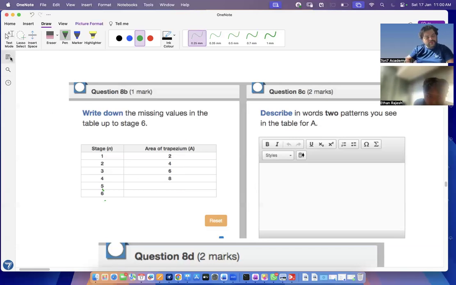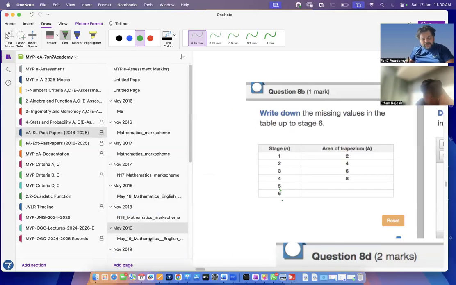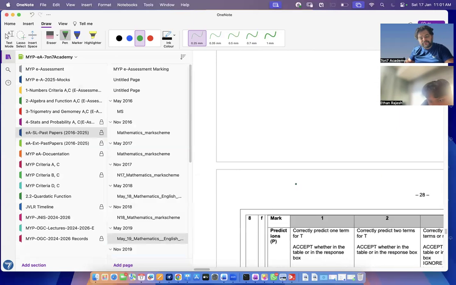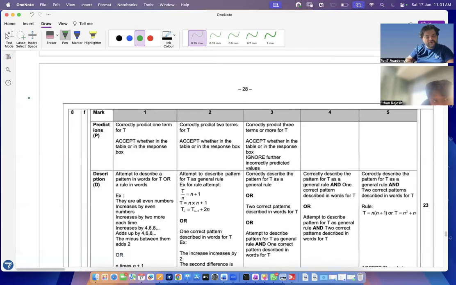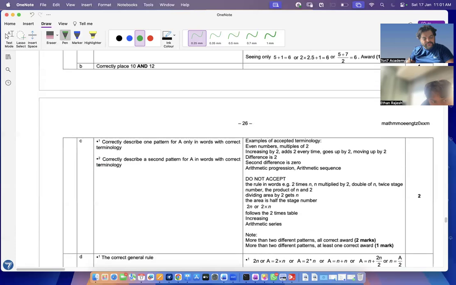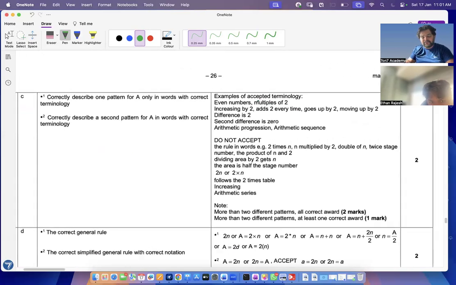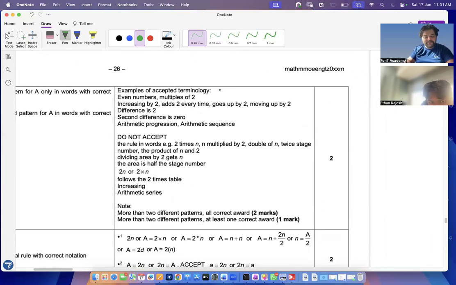So together we will go to this, 2C. We'll see the answer I have given. Look here, this is 2 marks. The example for accepted terminology means you have to write in appropriate terminology. You could write even numbers: the area falls into all the even numbers, and multiples of 2 also you can write.